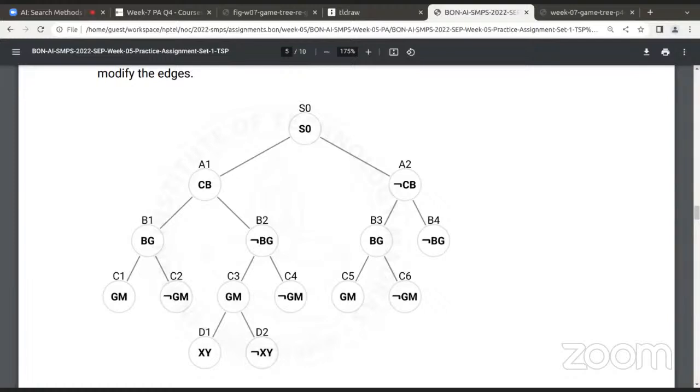Chennai has 2 edges. Of the 2 edges, I'm saying one of them has to go to Bangalore. I'm fixing it. And from Bangalore, Bangalore has 2 edges. But of that, one of the edges, I'm saying you must go to Chennai. Okay. After fixing it, now you have to adjust the other edges so that you are picking the minimum, and that will give you a lower bound for A1.